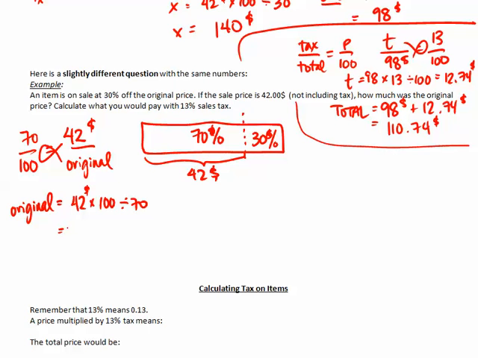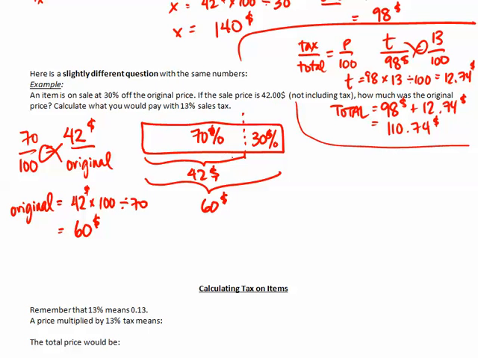And using my calculator, I get the answer is $60. The full amount is $60. Does that make sense, that 42 is less than 60? Yes, and it's fairly close to $60 because 70% is still quite a fair amount. Now the question is, calculate what I would pay with 13% sales tax.